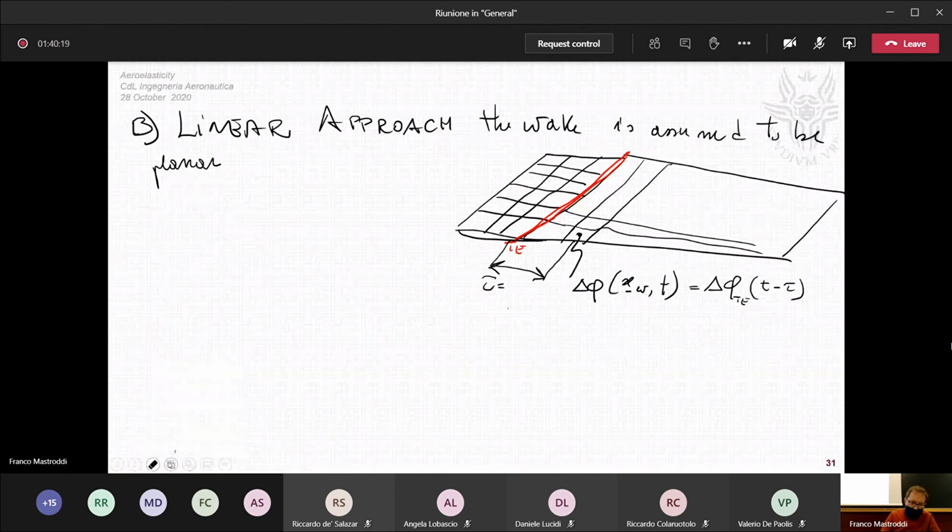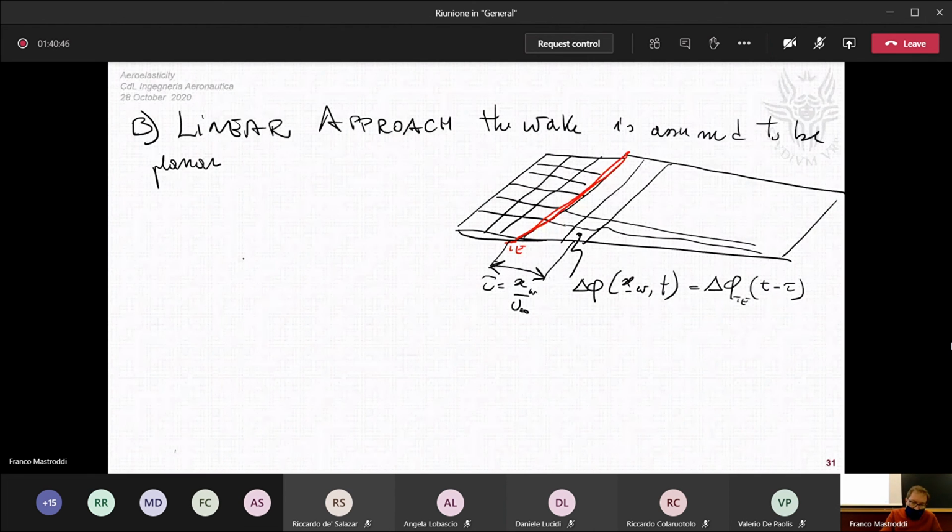This time is evaluated to be equal to this distance, x, divided by u infinite, as x wake, from here to here. Why? This is a suitable position.